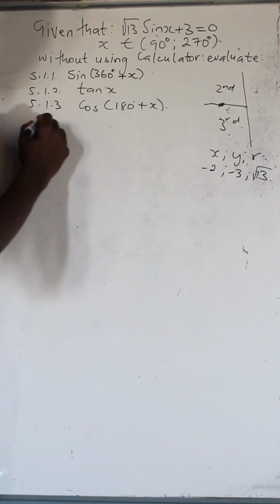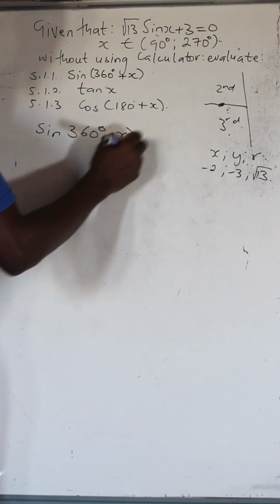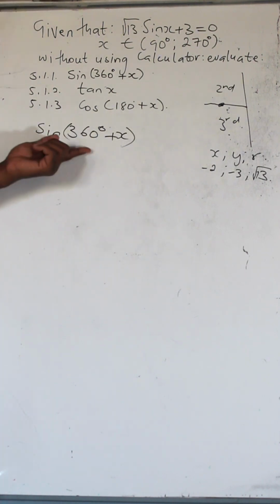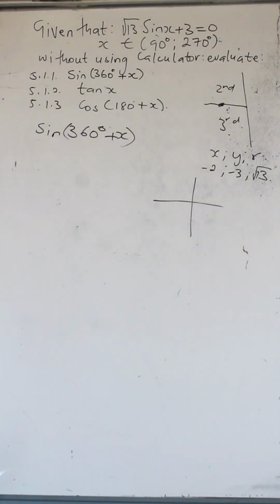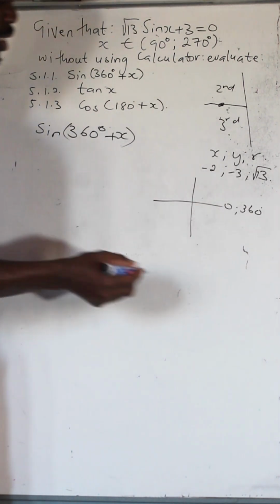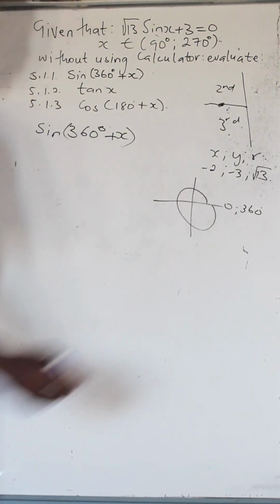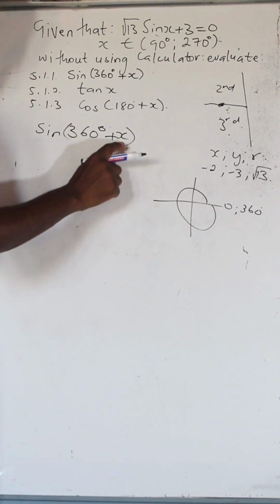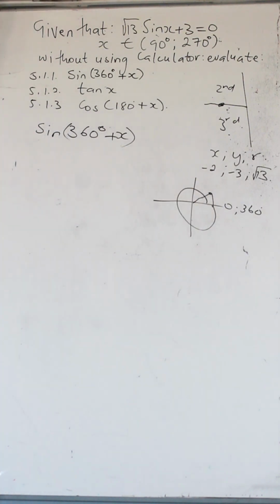The sine of 360 plus x. Now 360 plus x, if you have this plane here and you start at 0 and it will end at 360 again, if you do a whole loop 360 plus an acute angle x, you will end up back in the first quadrant.